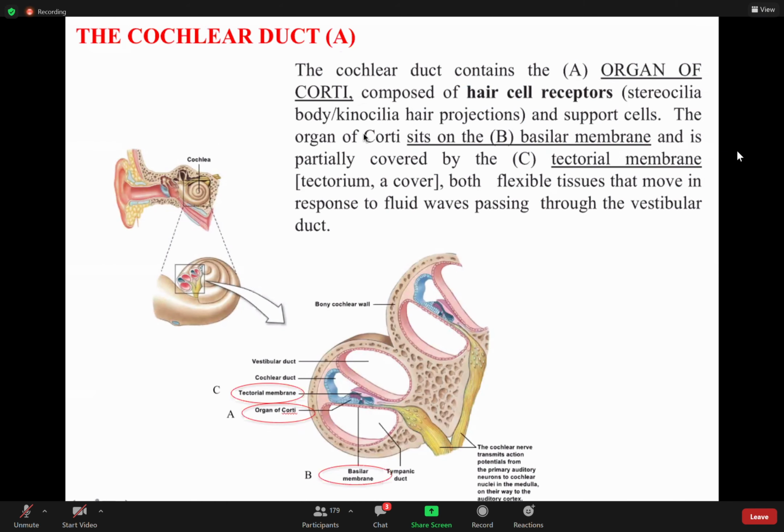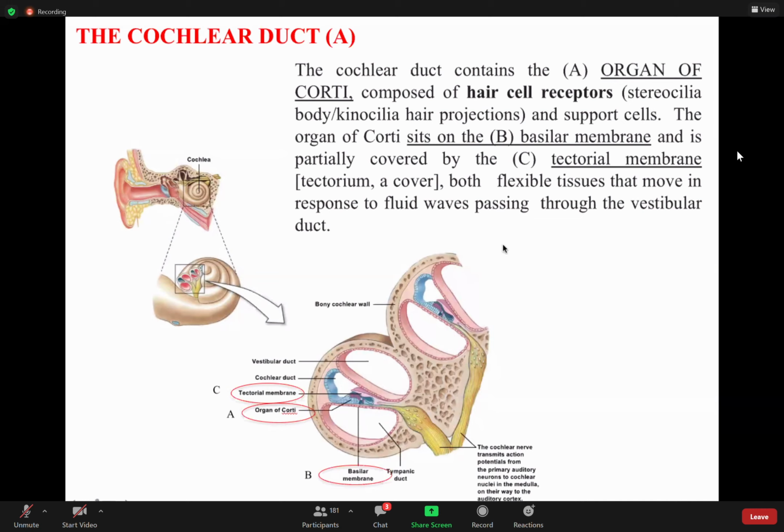Now, the cochlear duct contains, as we said, the organ of Corti, and on the organ of Corti sits the basilar membrane that contains the stereocilia or kinocilia. These kinocilia are the ones that are going to tell us, when they move and from where they move across the organ of Corti, if we have a high frequency or a low frequency sound.